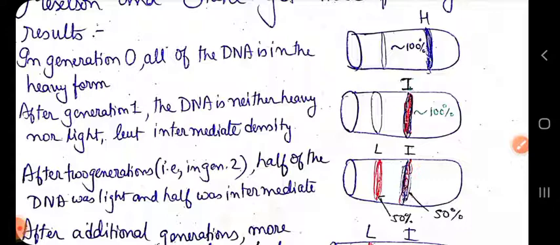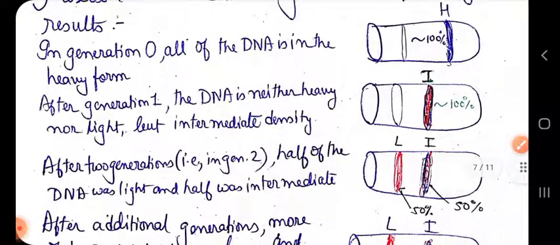During their generation, when they divide into two daughter cells, they take the nutrients present in the medium, which have the light form of nitrogen. DNA replication is semi-conservative, so the daughter cell will have a newly formed strand made purely from the light form of nitrogen, while the parental strand is in the heavy form of nitrogen. That's why we see an intermediate density in generation 1.